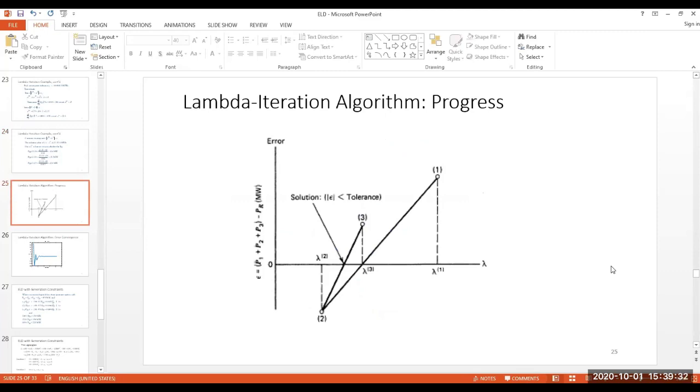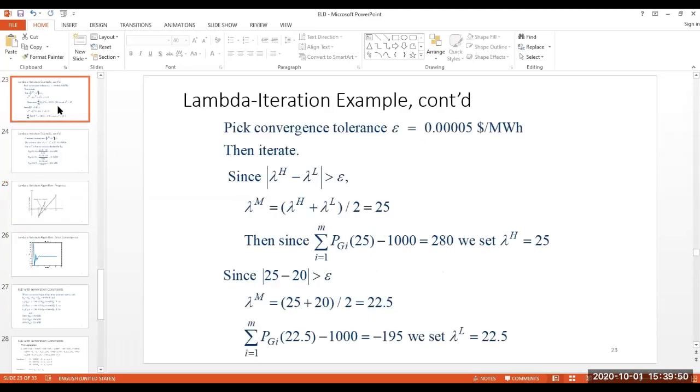So this is the lambda algorithm we discussed, and this is another way to view this, because the lambdas were basically your lambda M values. The plot here on the x-axis shows the lambda M values. If you check back closely at the lambda M values, it started from 25, then came back to 22.5.